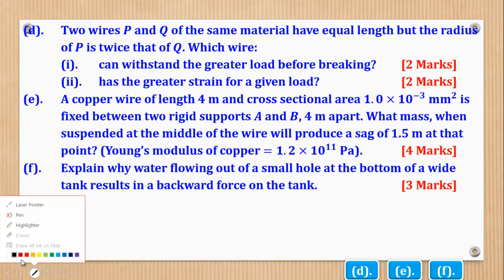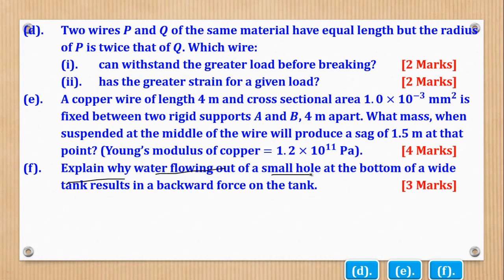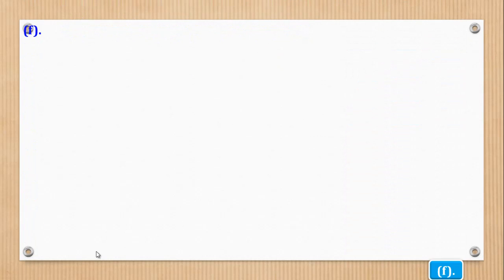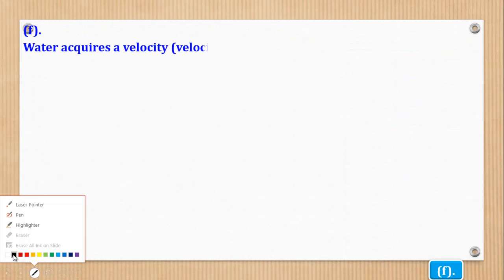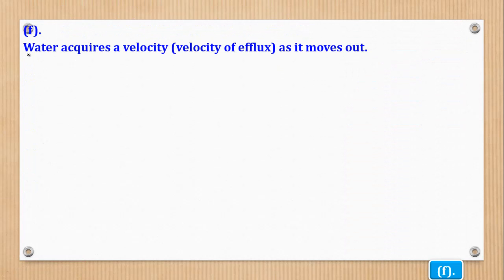Part F says, explain why water flowing out of a small hole at the bottom of a wide tank results in a backward force on the tank. So one, we shall say water acquires a velocity, which we call velocity of efflux, as it moves out.